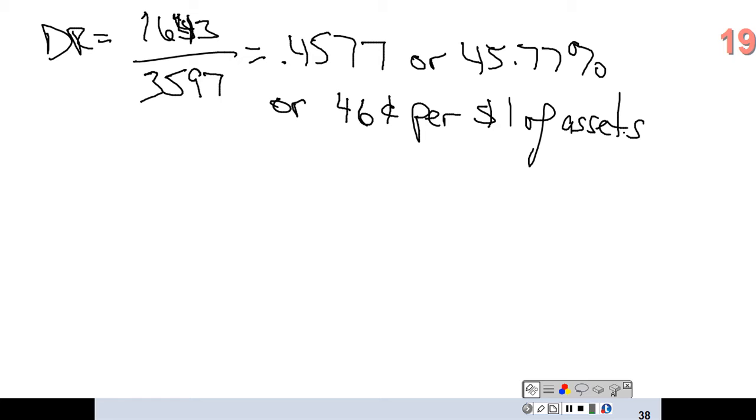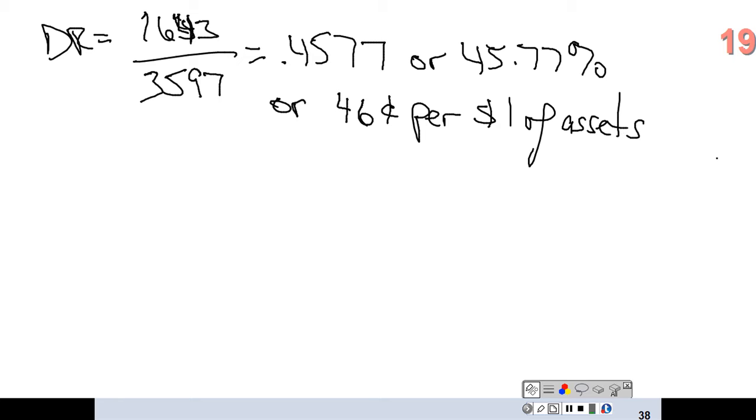Okay, so this is an important ratio because this tells us of the total assets of the corporation, how much has this company borrowed to fund those assets. And this particular company has borrowed 46% of its assets, or 46 cents for every dollar of assets.